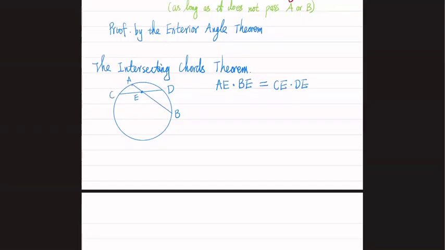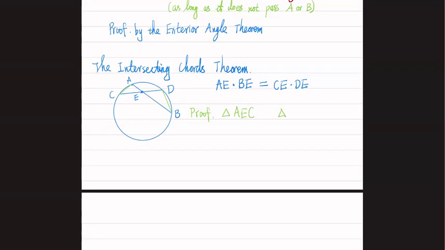We connect the two points AC, straight line. Connect BD. Now we have two triangles. Triangle AEC.